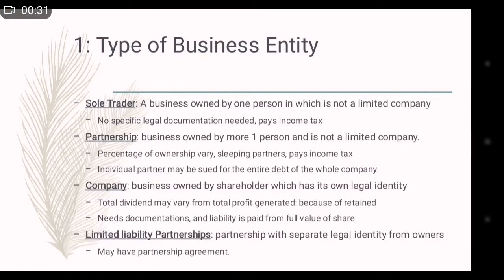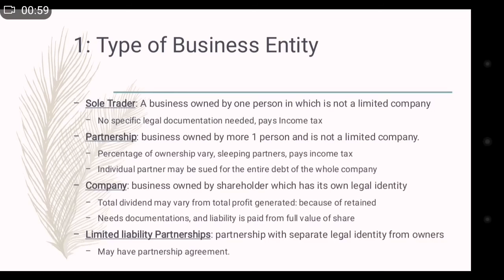There are different types of business entity that you have to look at, such as a sole trader, partnership, company, and limited liability partnership. Let's start with a sole trader. A sole trader is a business which is owned by only one person and is not a limited company. That means it has unlimited legal liability on the owner.